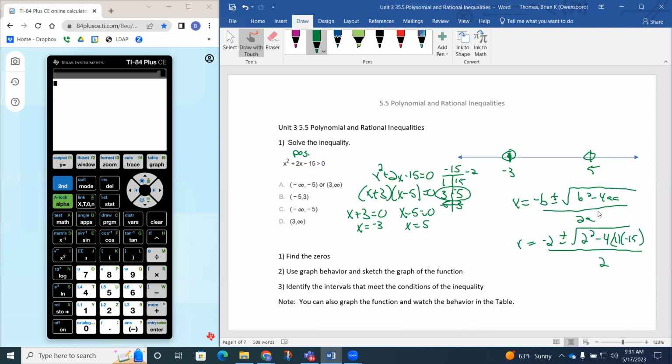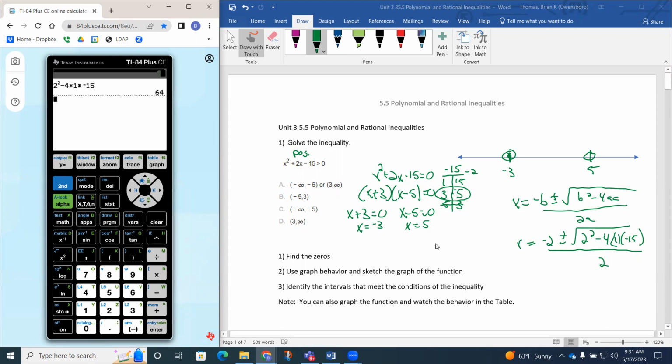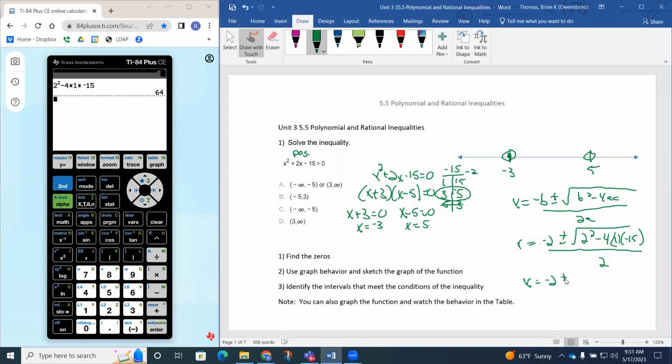So if I was doing the math, I would have to do 2 squared minus 4 times 1, which would be 4, times negative 15, which would actually be a negative 60, and 4 plus 60 would be 64, actually. So yeah, we would have x equals negative 2 plus or minus the square root of 64 over 2.